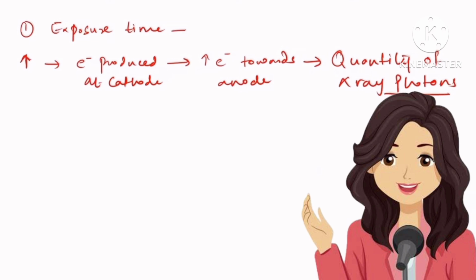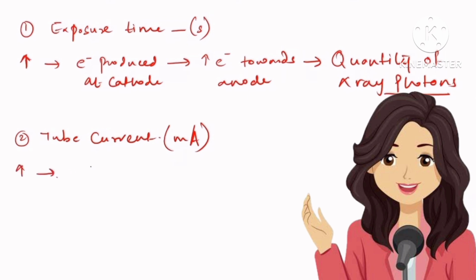Next we have the tube current. Tube current is in milliamperes. Exposure time is in seconds. When you increase the tube current, the heating of the filament increases.